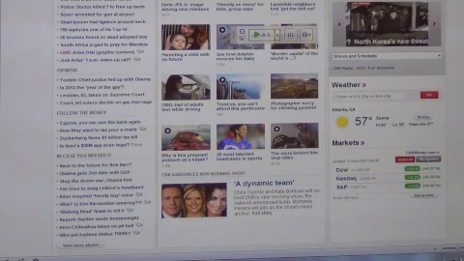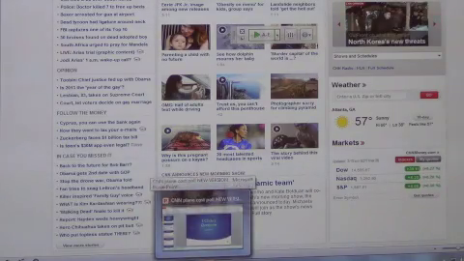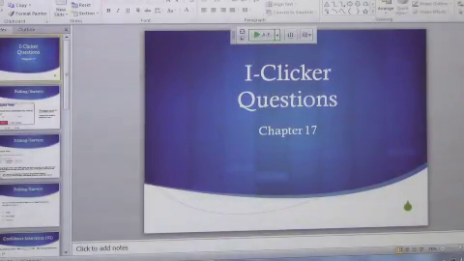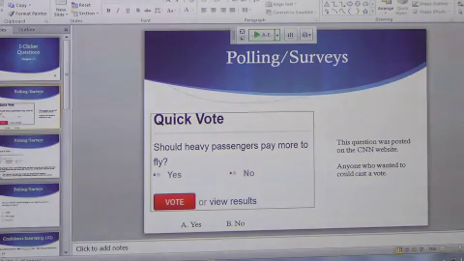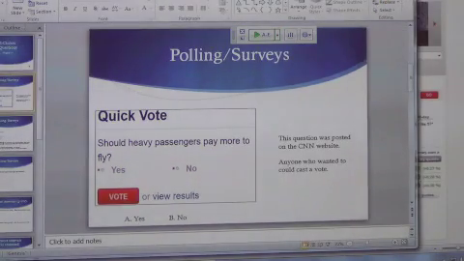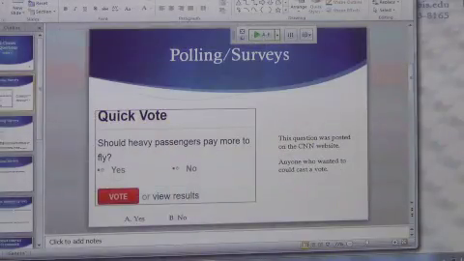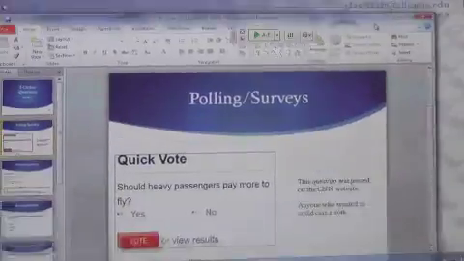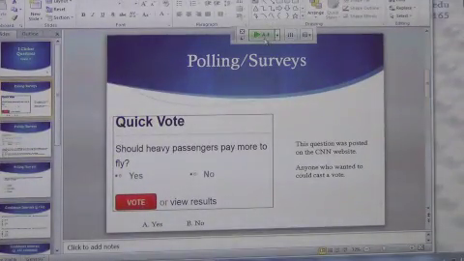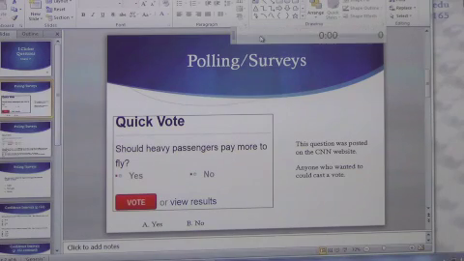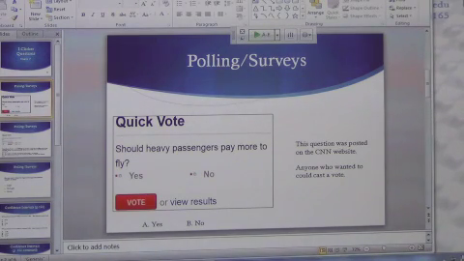All right, so our iClicker question is going to be this one. This is the one that they had. Where's our iClicker? Hold on, I just got to find it. iClicker, get it started. Come on, iClicker.